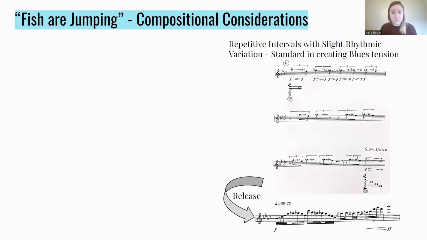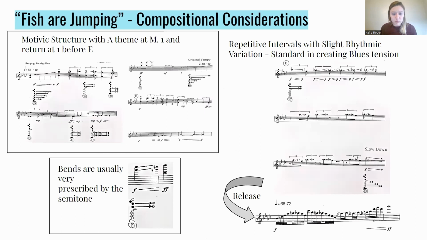In Fish Are Jumping, we have some moments of true compositional structure. There's a clear motivic structure with theme A between measure 1 and the return one before E. So we start on this really wide portamento or glissando.